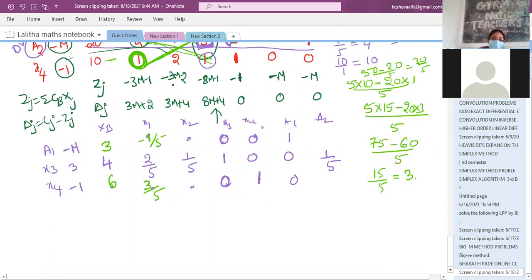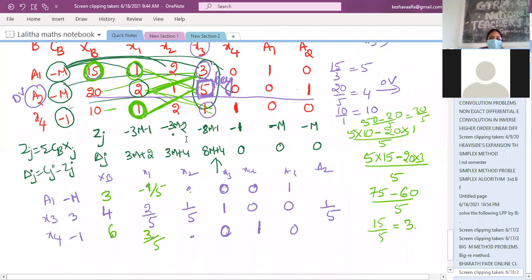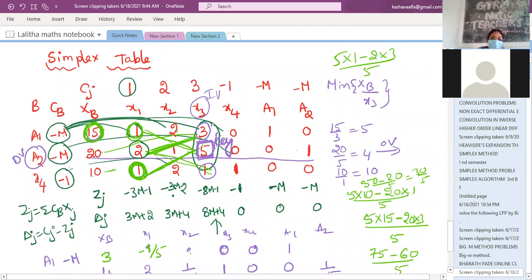The next, x2 column value. The x2 column value, this position value. Manohar, tell me this answer. I want the x2 column first position value.